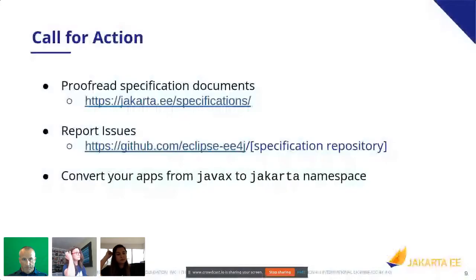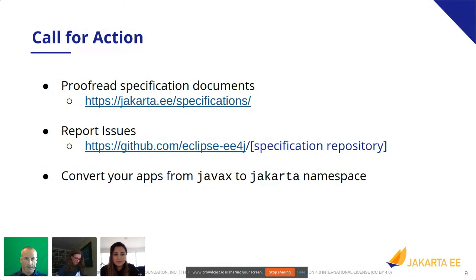So what we need help with right now, what you can do, is first of all, do convert your application like I did here. Figure out what's wrong, or if you have any problems, if there is something that doesn't work, and file issues either on the platform project if that's where you think it should be, or the particular specification that is causing you some issues.